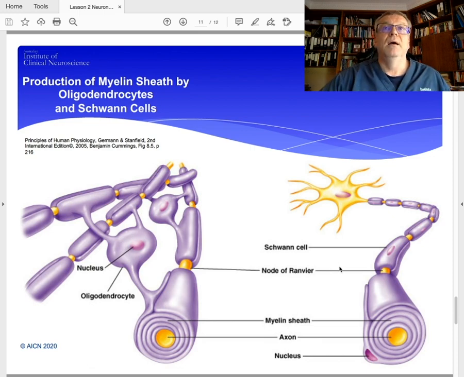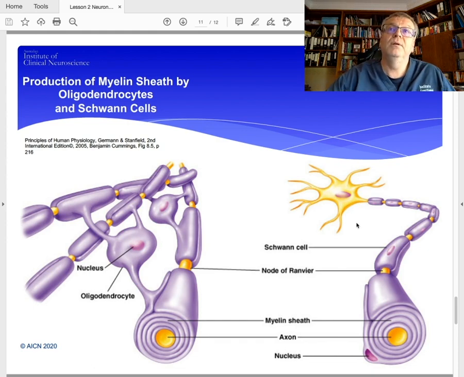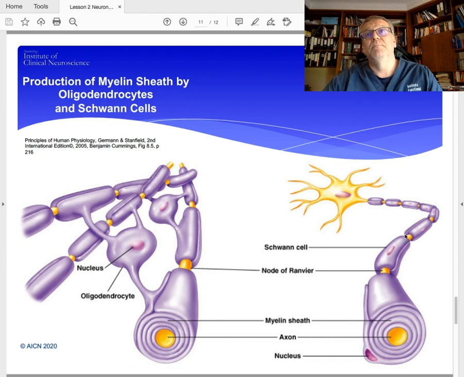Again, this is a diagrammatic representation of how the oligodendrocytes and the Schwann cells differ. And what I'll introduce you to now is some different structural features on the axon, and those are the nodes of Ranvier. These nodes are areas where on a myelinated nerve there is an area of unmyelination, so there's a little space between the areas of myelin, and these are important for the conduction of nerve action potentials down the axon.